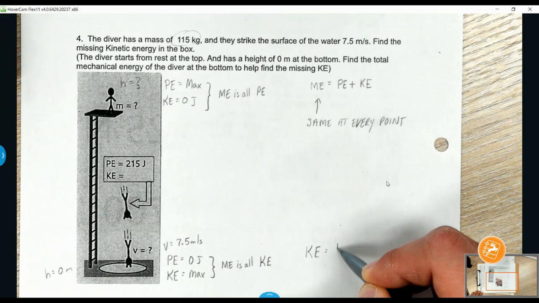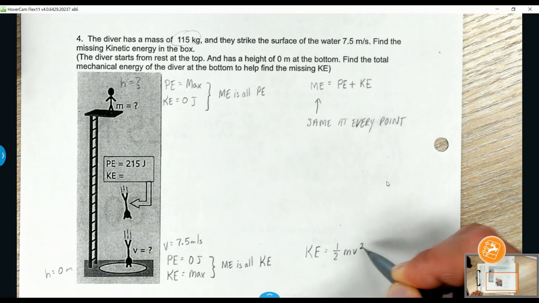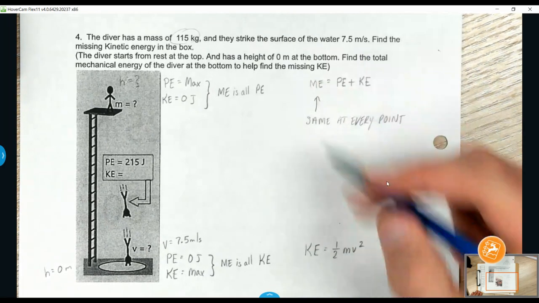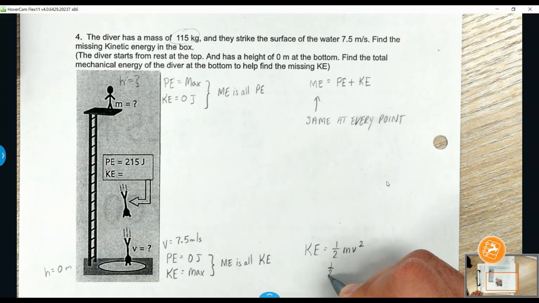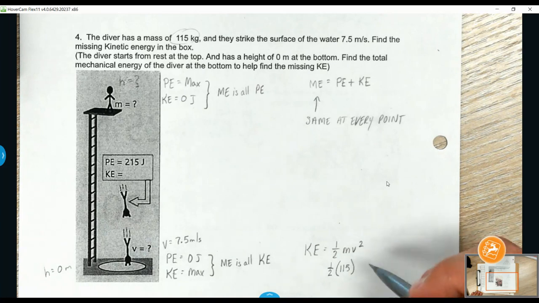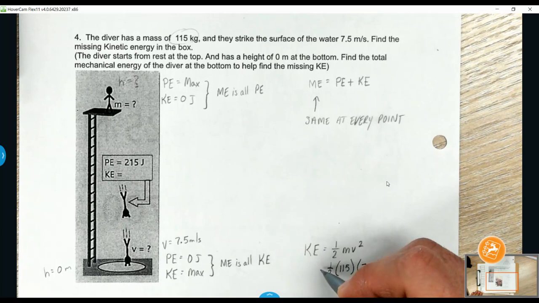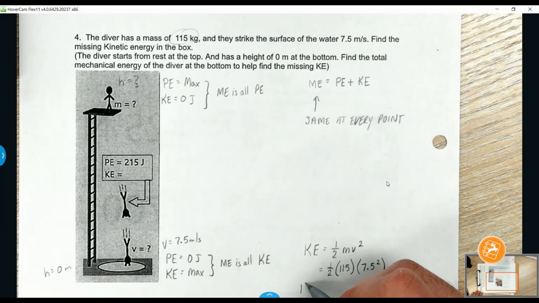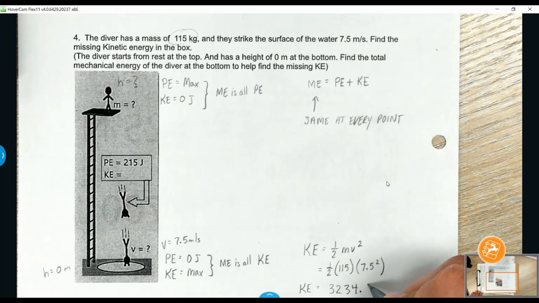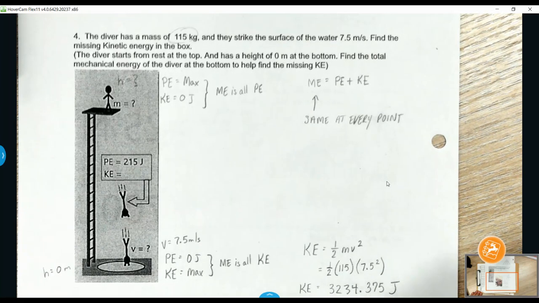You can find KE, 1/2 mv squared. Mass, 115, bring down our 1/2. And v, what is v? It's the 7.5. And we square it. So in my calculator, square this times 115, then divide by 2. This gives us a KE of 3234.375 joules.